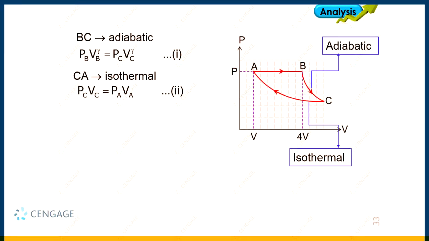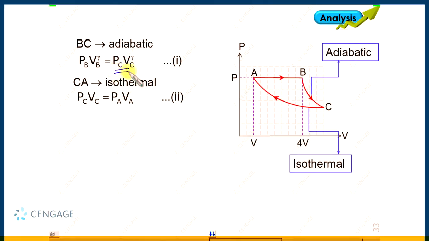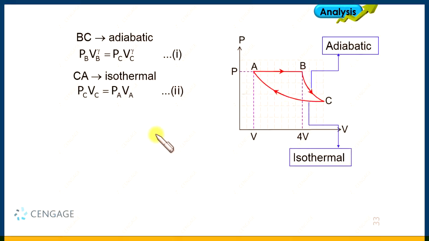Now, if you take this equation, we can write this as PC multiplication VC and multiplication VC to the power gamma minus 1, because this combined will be equal to VC to the power gamma. So, let us write this part from equation number 1 like this.